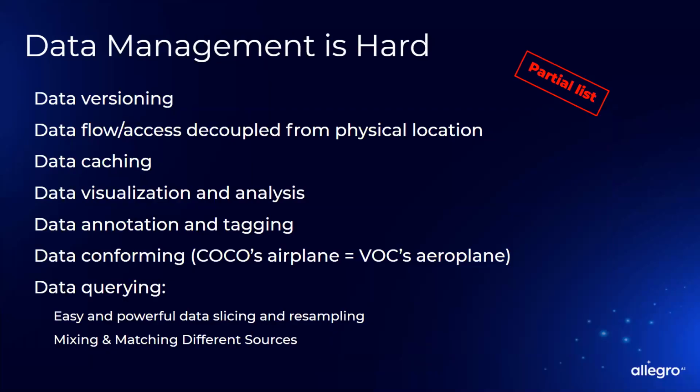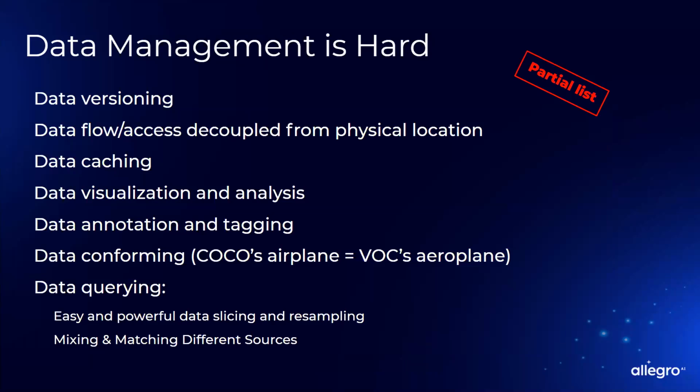So this is like a partial shopping list. I don't know if you're working or you're training and you're going to work in the future. This is what you want in order to make sure that you can treat your data problems and not have a fiasco. It's data versioning. It means that you can do version control or revisions on your data. If you're changing something, you can roll back, okay? And even though most of the data is going to be on the cloud, you don't need to know where it is.